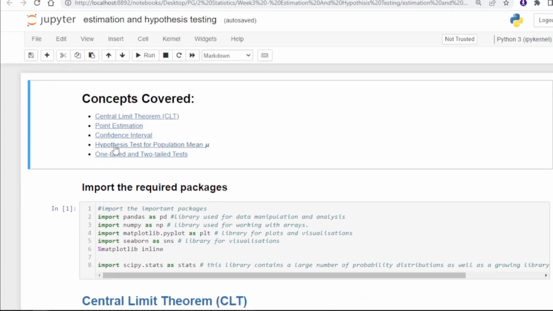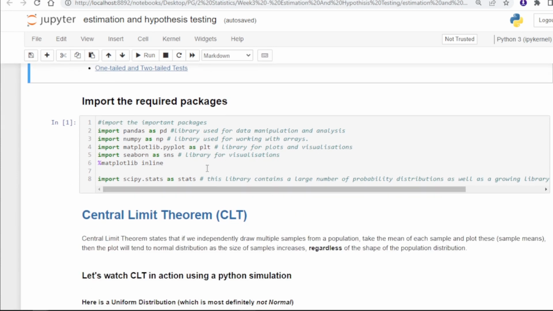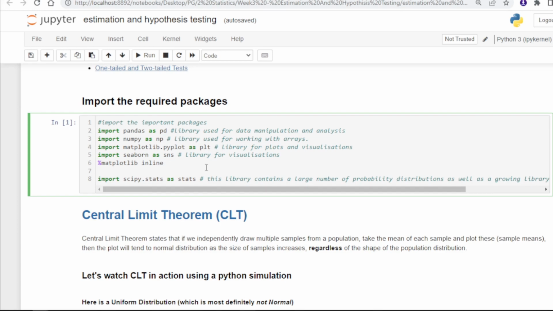As you can see by the topics themselves, these are very important topics in statistics, and statistics is going to be used with our machine learning. So let's start with importing our packages. Pandas, as we always use, is imported for manipulating and analyzing our data.